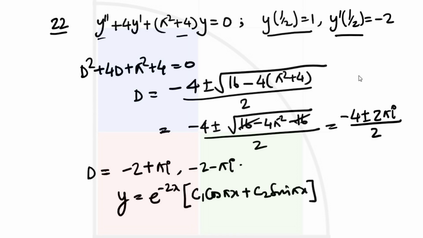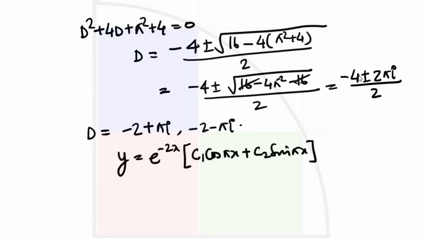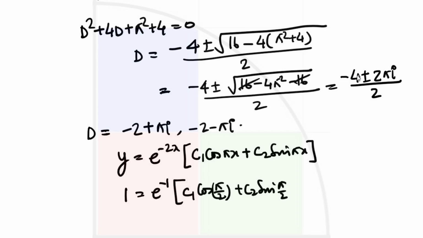At x is equal to half, y is 1, and x is half means e to the power minus 1, and here c1 cos pi/2 and c2 sin pi/2.